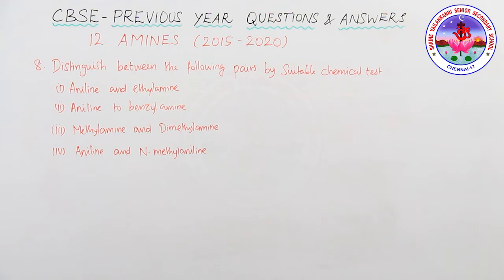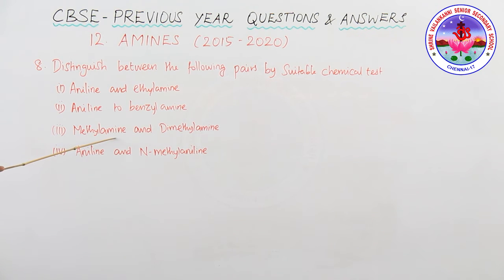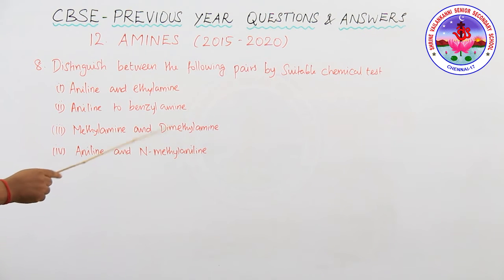Then methylamine and dimethylamine. On adding chloroform and potassium hydroxide solution, methylamine will give an offensive smell, but dimethylamine does not react with this compound. Then aniline and N-methyl aniline.